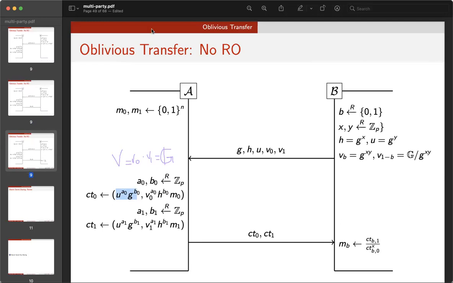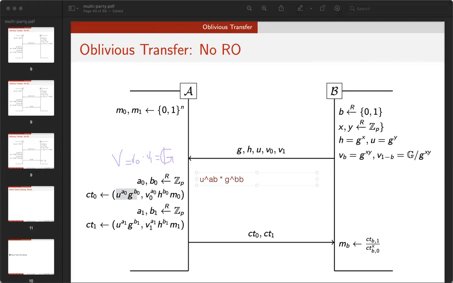That corresponds to U to the A, we'll call it U to the AB, times G to the B. And that corresponds to U, which is G to the X, to the A, and that is being multiplied by G to the B.